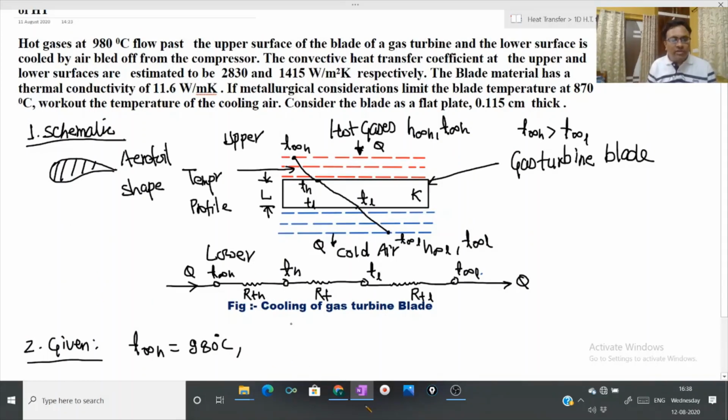Then we have been given convective heat transfer coefficient on the hot gas side as 283 watt per meter square Kelvin, and on the cold air side as H infinity L, 1415 watt per meter square Kelvin.